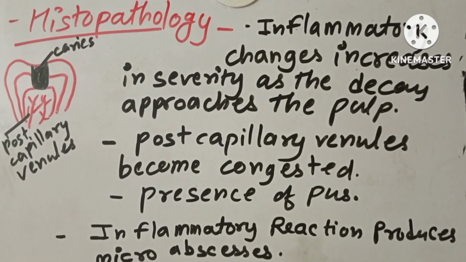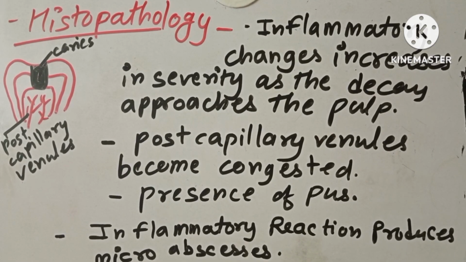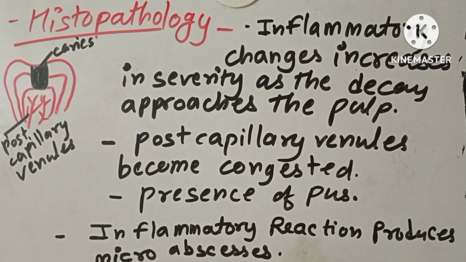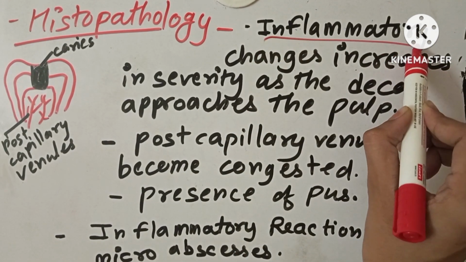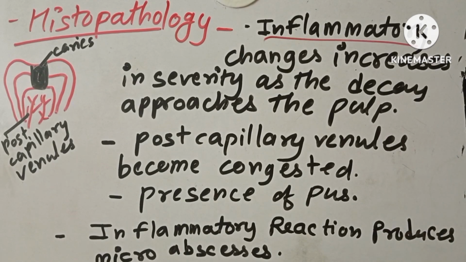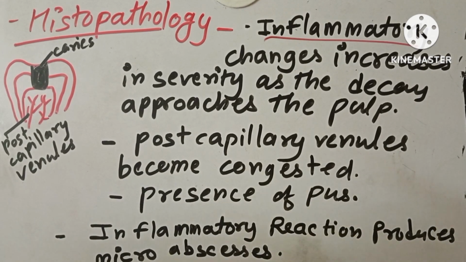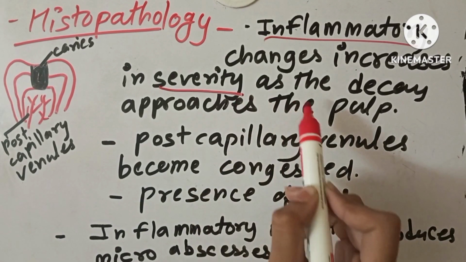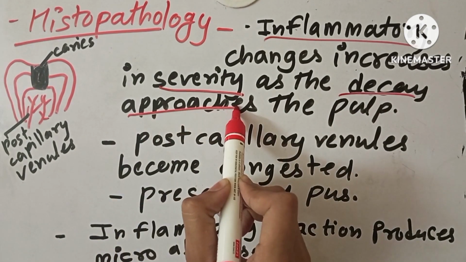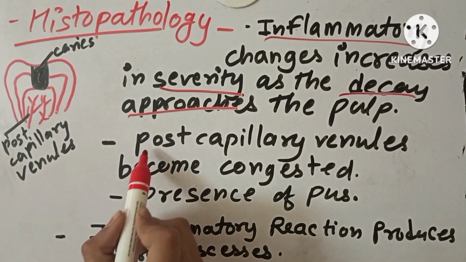So we are going to see the histopathology. In histopathology, inflammatory changes become severe as the decay approaches the pulp. Inflammatory changes carry long-term nervous stimuli through dentinal penetration, and severity increases as the decay approaches.